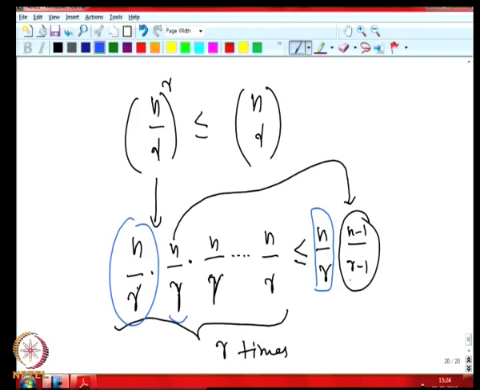It is only becoming bigger here. This will be replaced by n minus 2 by r minus 2 and so on. We have to show that at every stage every term is replaced with a bigger term.